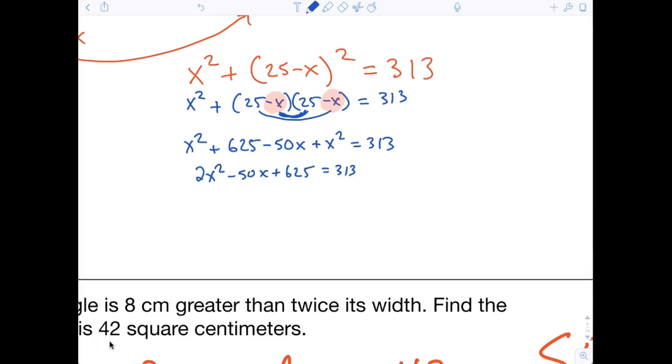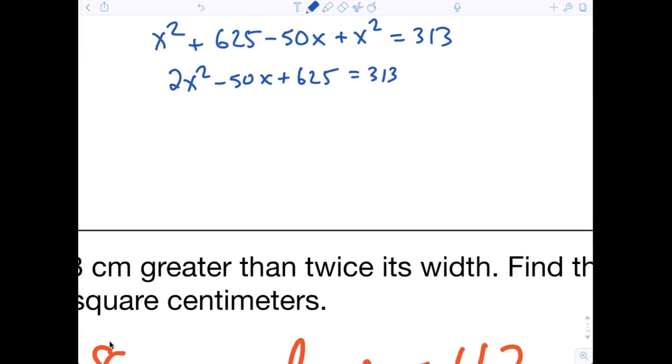Is it set equal to 0? No, so I have to move that over. So I have 2x squared minus 50x plus 312, is that right? Now, somebody tell me who's been paying attention. What can I do now?